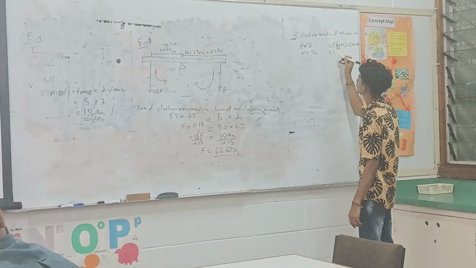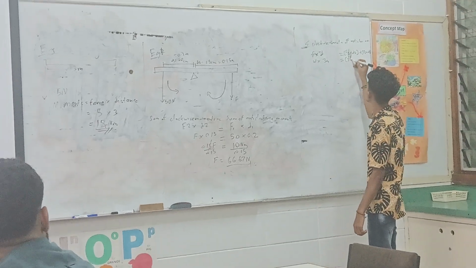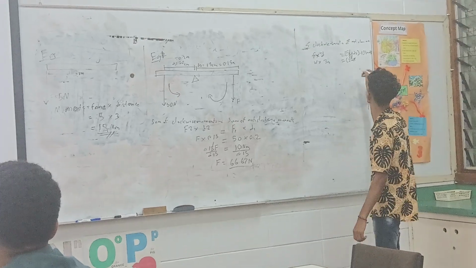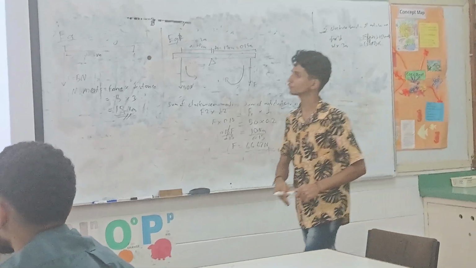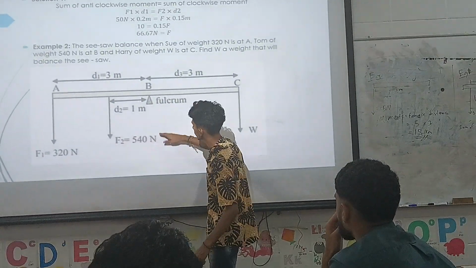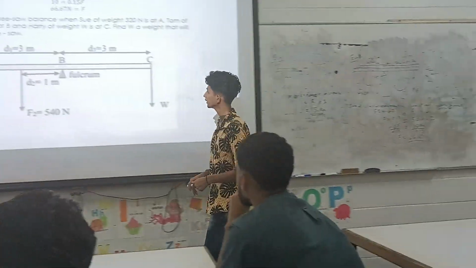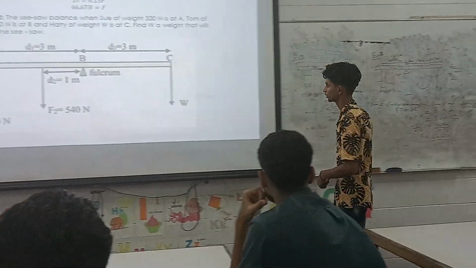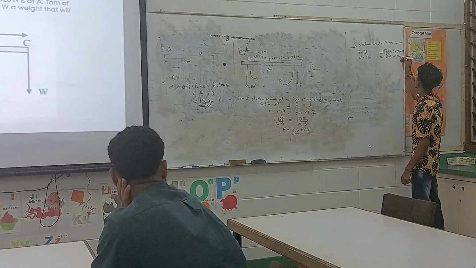So F2 is 320 Newton times 3 meters, plus F3. The second force is also anti-clockwise. When this force is applied, it will go like this, which is anti-clockwise. So 540 Newton times what's the distance from the pivot? 1 meter. So 540 times 1.